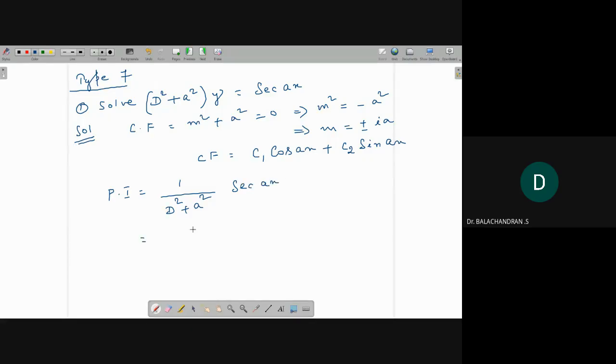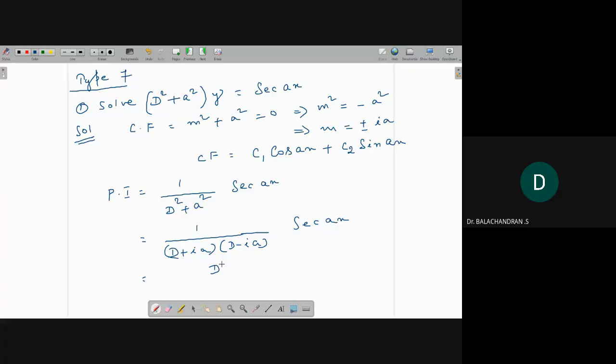Now you can write this as (D plus ia) into (D minus ia). D plus ia into D minus ia is D square plus a square, into secant ax.